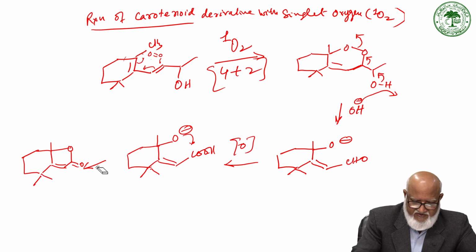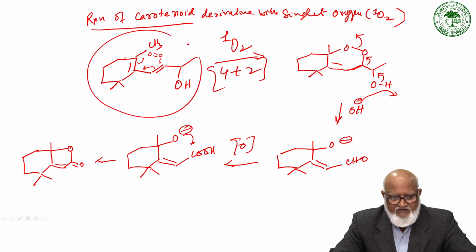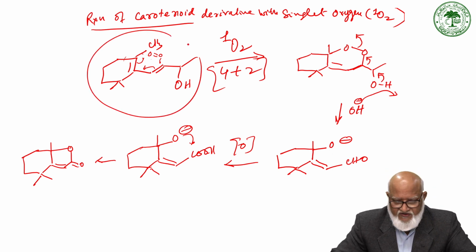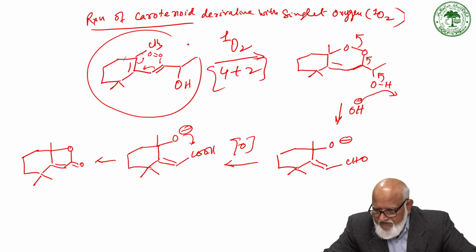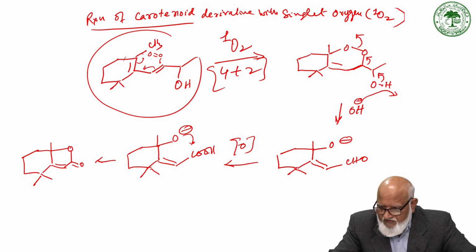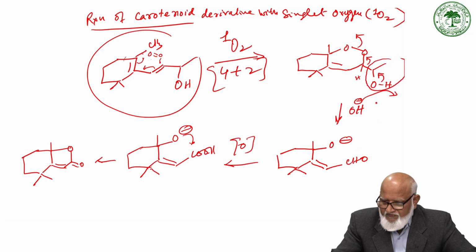So you can see a very interesting cyclized product is formed on reaction of this derivative with singlet oxygen in a 4+2 fashion. There is an H here, there is a loss of this group, and then there is a double bond and CHO.